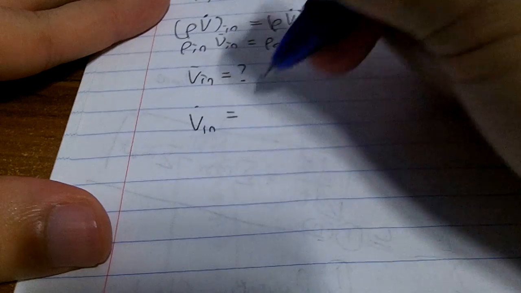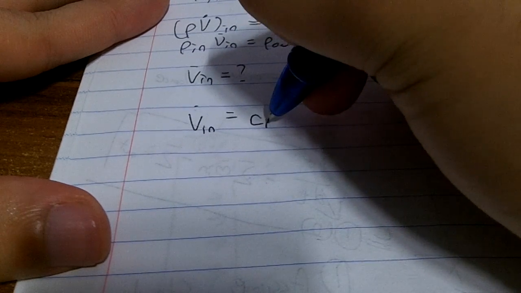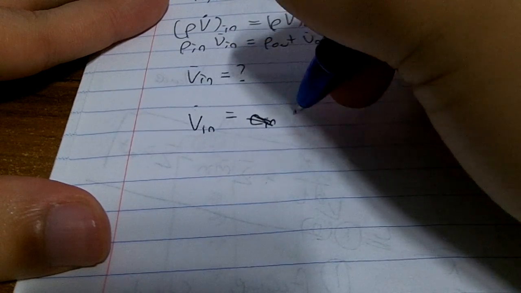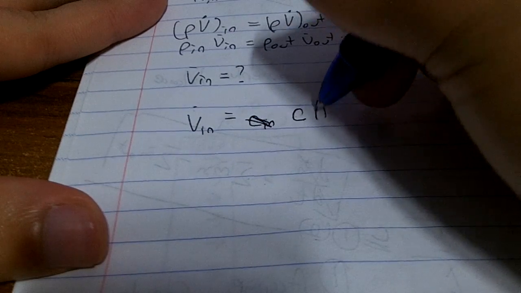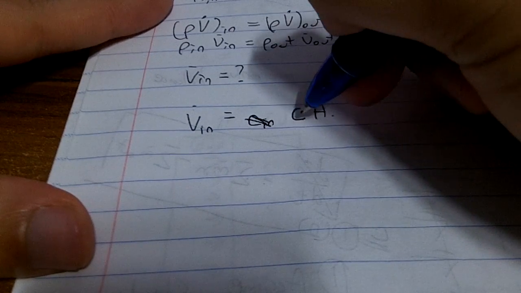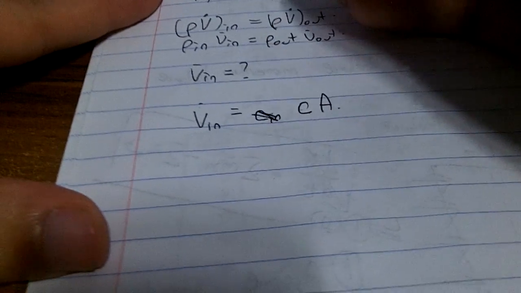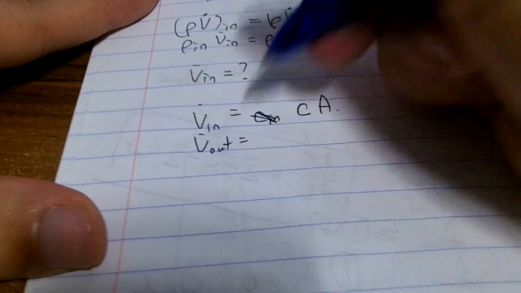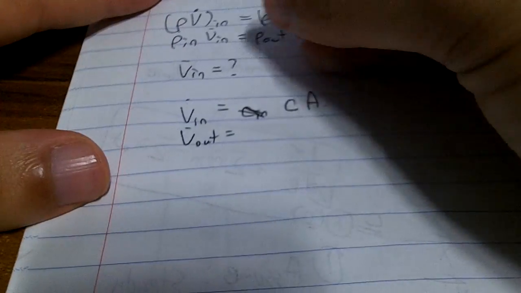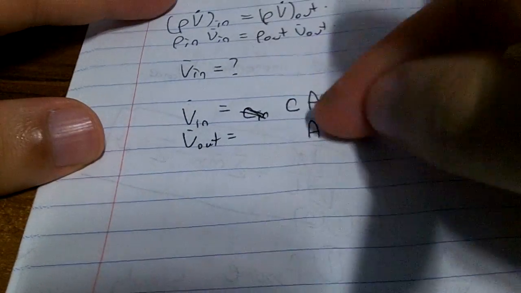So V dot in equals C, and A. Alright, that's the volume flow in, and let's look at the volume flow out.